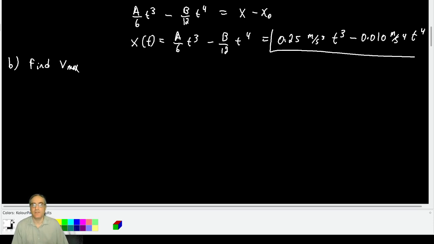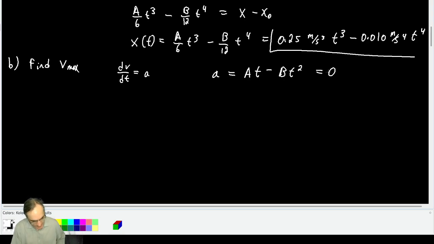How do you minimize or maximize anything with respect to anything else? Well, you take the derivative with respect to the thing you're maximizing against, in this case time, and you set it equal to 0. And dv dt happens to be equal to acceleration, which means we already know the equation here. It's at minus bt squared.